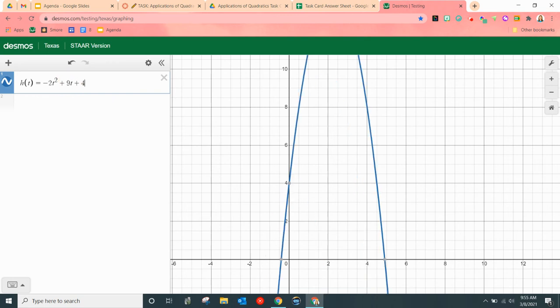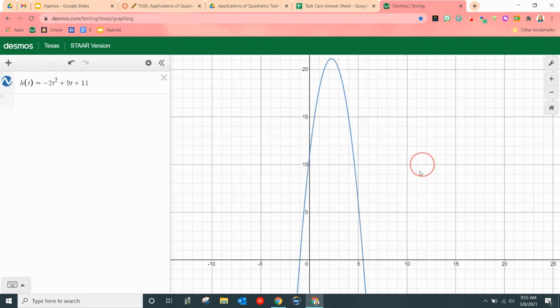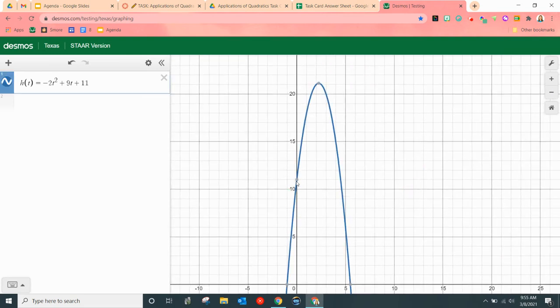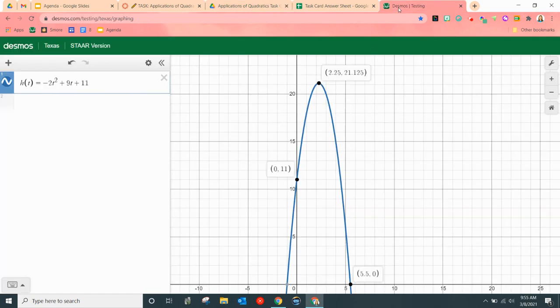So this one's really similar. Let's zoom out. So here's my squirrel. He's on a tree or something, right? Here, he jumps up in the air, and then he comes down and hits the ground. The first question says, what is his maximum height? Well, we can see he jumped all the way up to here. Then you have to be careful. Is it the 2.25 or the 21.125? Which one is the maximum height?